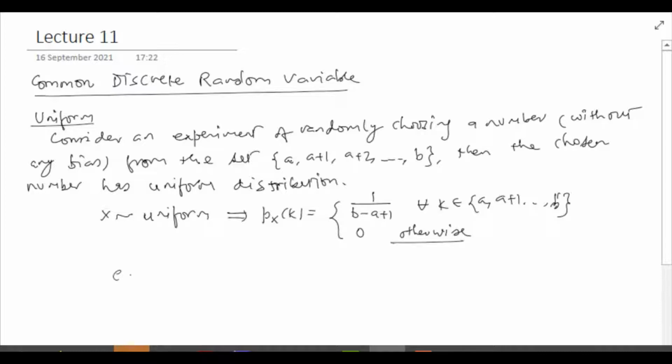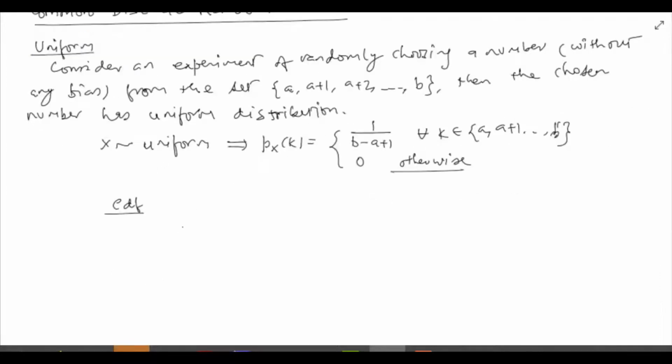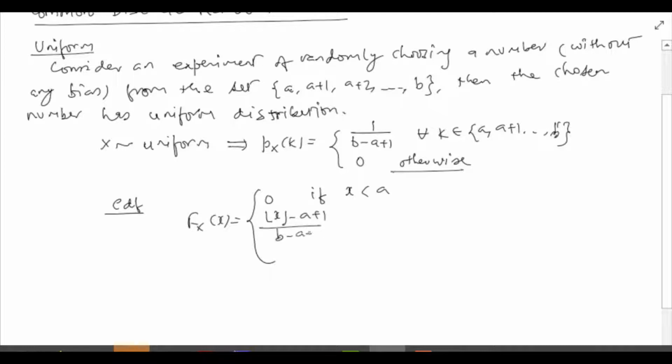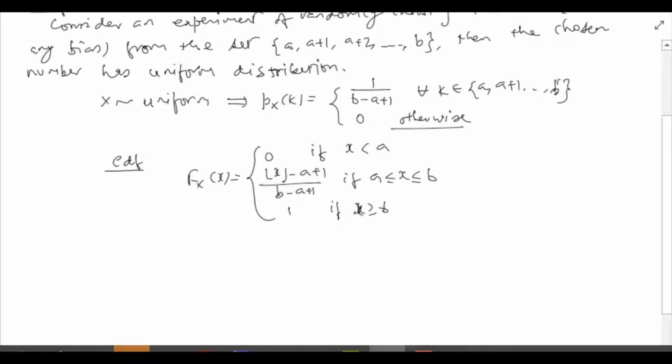Clearly, the CDF of X can be written as F_X(x) equal to 0 if x is less than A. It is floor of x minus A plus 1 divided by B minus A plus 1 if x is between A and B, and it is 1 if x is greater than or equal to B. Note that the floor of a number x is the largest integer that is less than or equal to x.